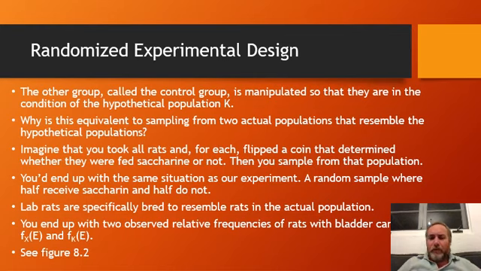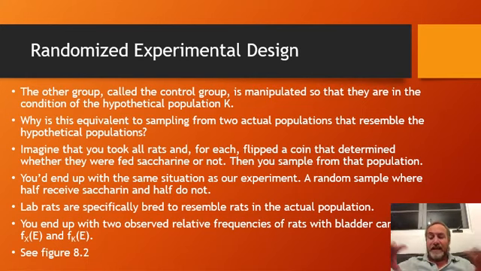So maybe it's intuitive why that's equivalent to having two actual populations that resemble the hypothetical populations and sampling from them. Instead, we're sampling from one population and dividing them into two groups.